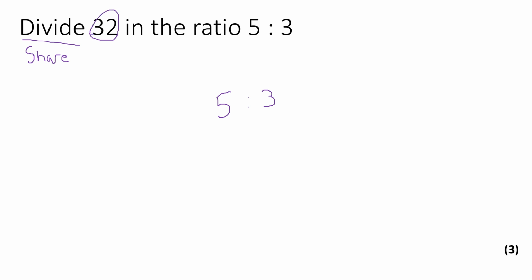At the minute, I am sharing out 5 to say person A and 3 to person B. That means at the minute I am giving away 8 things in total. But instead of giving away the 8 things in total, it's now saying that I want to share out the 32.